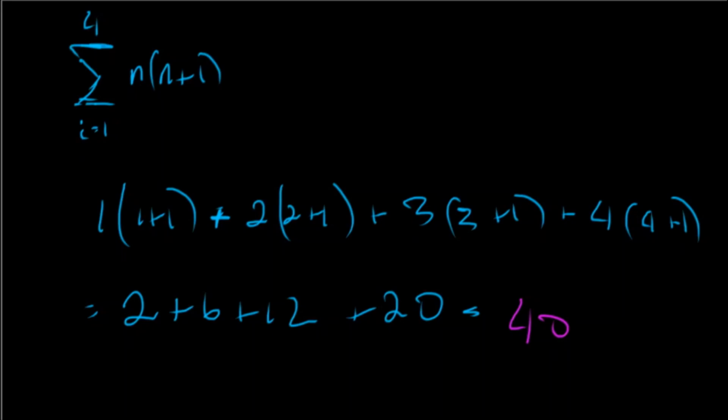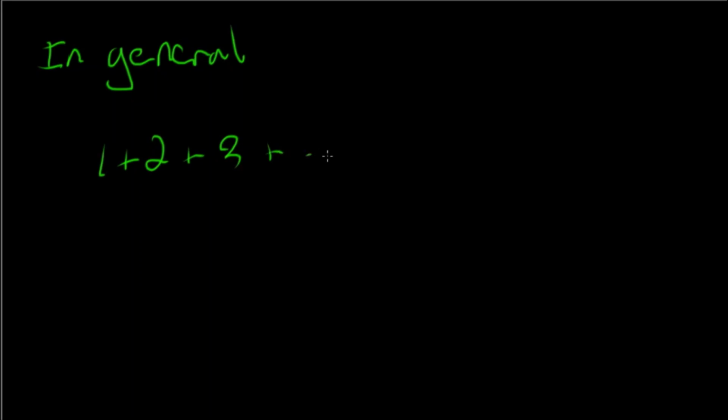All right, so with that said, I'll do it with you, but before I do, I want you, in general, to find a formula for 1 plus 2 plus 3 plus all the way up to some number n.